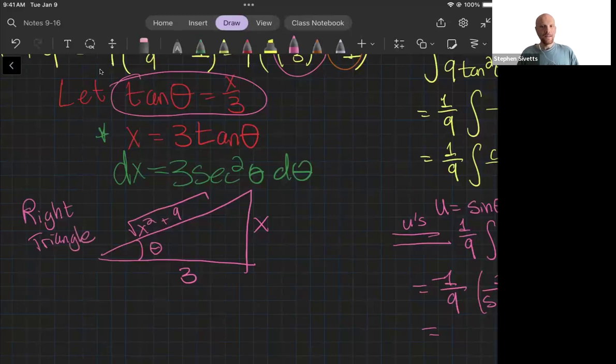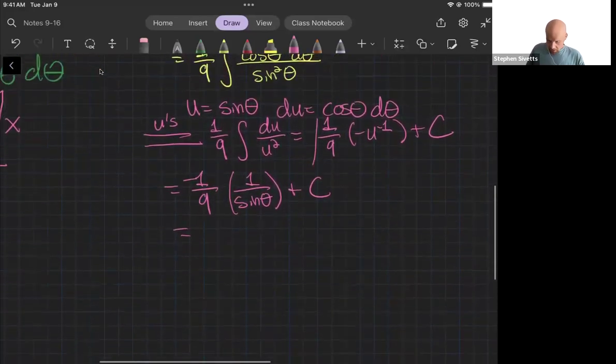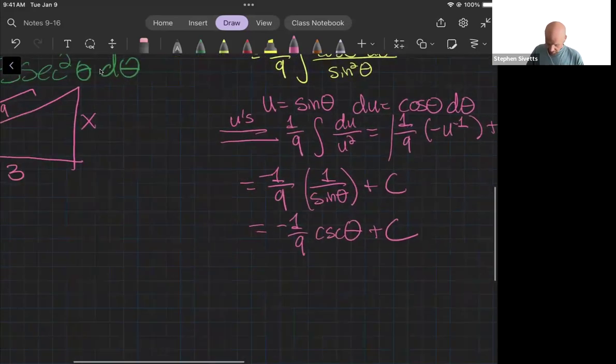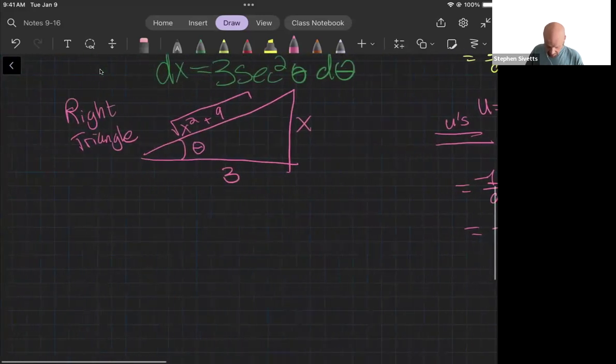So if I go back over here, this is equal to minus 1/9 cosecant theta plus c, right? U to the minus 1, this is an exponent, it's not inverse, so don't make that mistake.